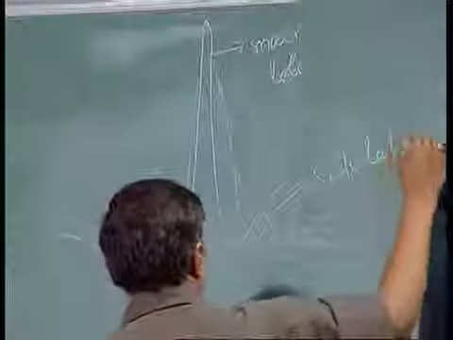So, it is very clear that we will definitely have a certain amount of side lobe or back lobe, but it will be considerably reduced compared to the single element or single antenna.